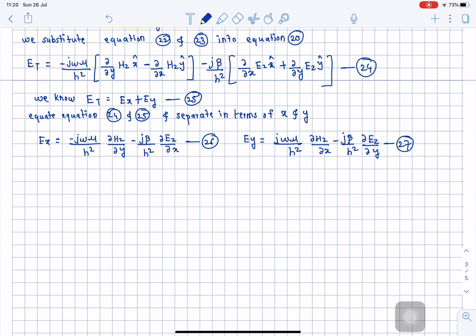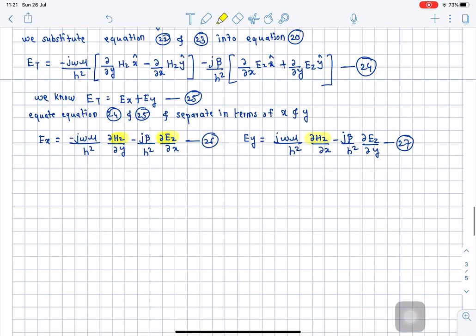So what we got: equation 26 represents the electric field component along x, and equation 27 represents the electric field component along y. These x and y are transverse field components, and if you observe carefully equations 26 and 27, on the right hand side we have only the z component.